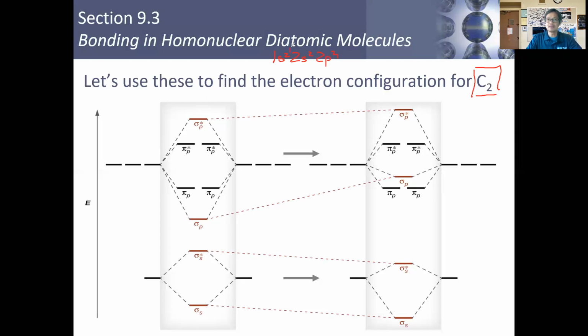When we look at the diatomic carbon, we are only looking at these electrons here, these electrons from each carbon. So let's imagine this is carbon number 1 on this side, and carbon number 2 on this side.